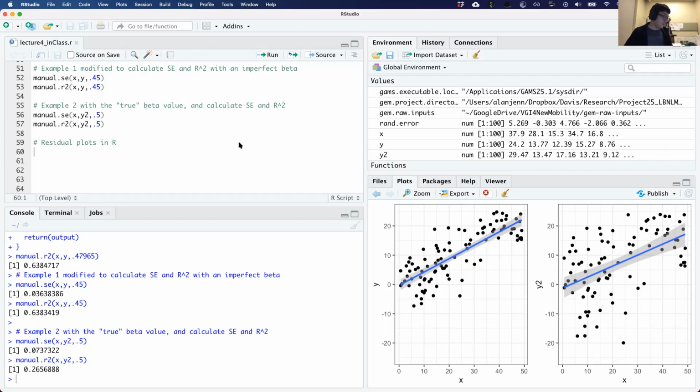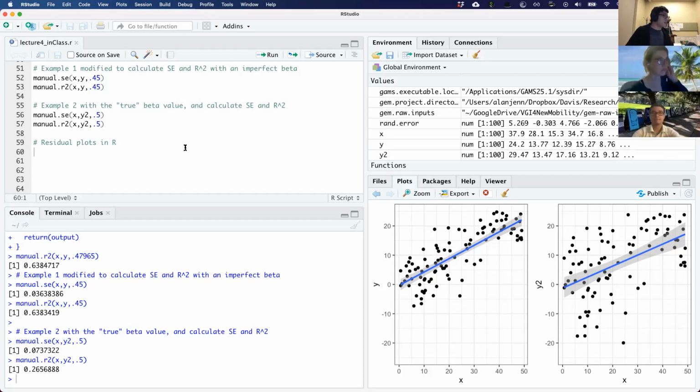All right, let's continue onwards. So hopping back onto the discussion about residuals and generating residual plots in R. We will need to know how to generate the predictions, in other words, the y-hats.